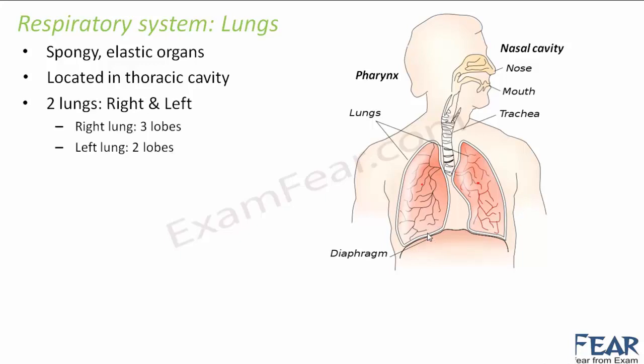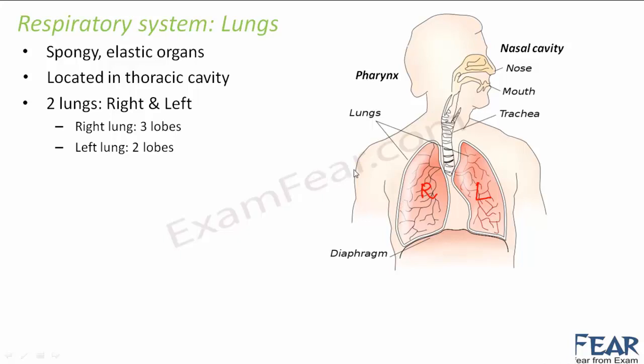There are two lungs in the human body, the right lung and the left lung. So which is our right lung? This is the right lung and this is the left lung. Now each of these lungs is again divided into different regions. Lobes are nothing but the regions.